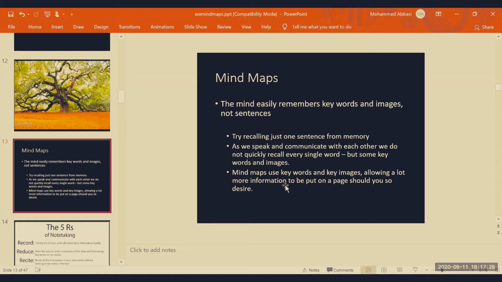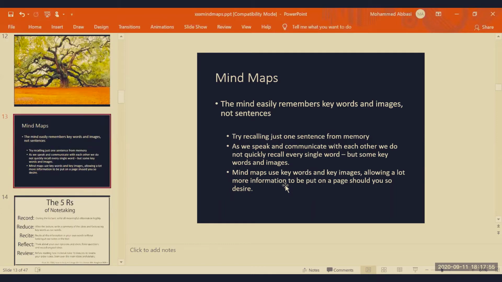So can you, for example, recall just one sentence from memory, from a book, or quote something exactly? We speak and communicate with each other. We do not recall every single word we say to each other, but some keywords and some images. Mind maps use those keywords, those images, allowing a lot more information to be put on a single page, should you so desire.